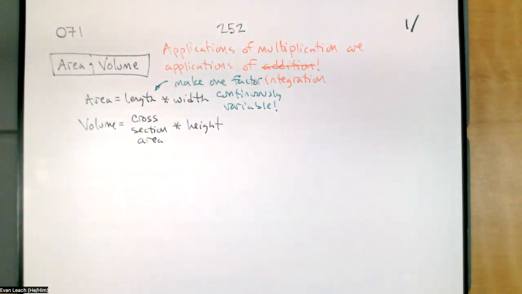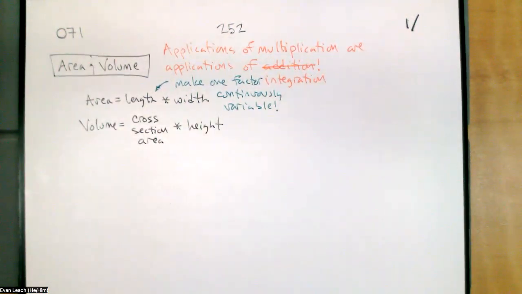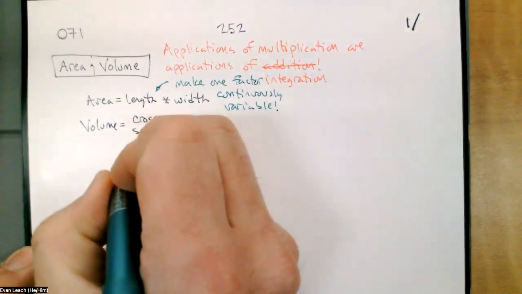In the case of area, it didn't really matter which one we called the continuously variable one. Since we are in single variable calculus, when we want to calculate volume, it's our cross-sectional area that has to be variable. So because we are limiting ourselves to single variable calculus, this is the one that we will make variable.